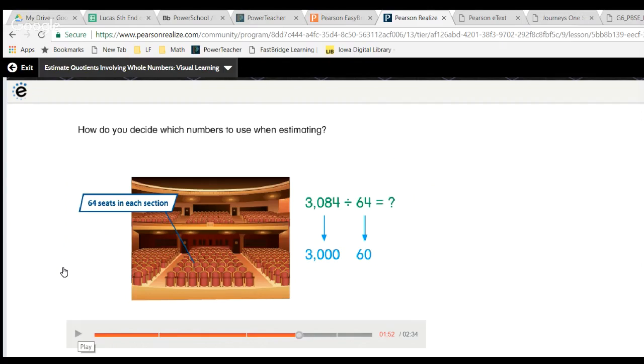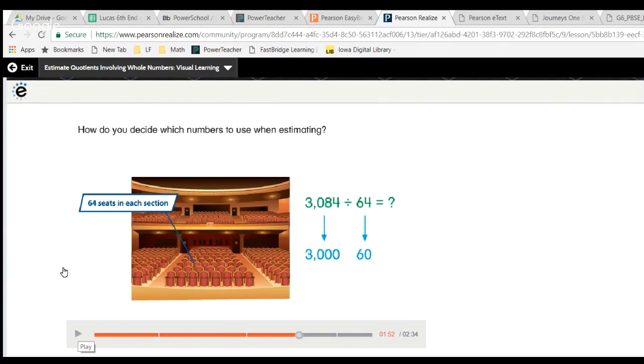For some of us, we're going to look at the numbers and instantly have an idea where we want to go and what's going to be an easy number for us to do mentally or to calculate relatively easily. One thing that you can also do is take a look at one of your numbers.